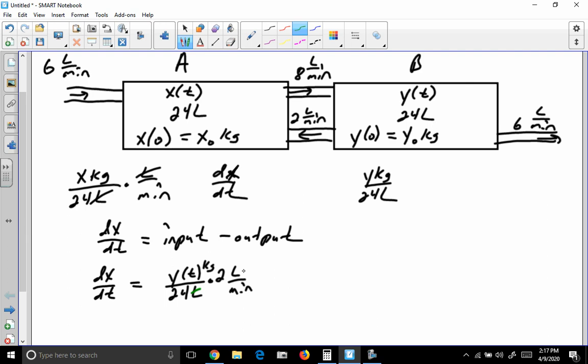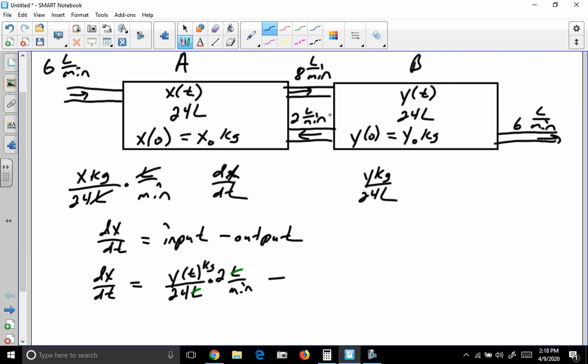So notice again, liters and liters cancel. So Y times 2 over 24 is kilograms per minute. That's the rate at which salt is coming into this tank. If we know the value of Y at a given time, we can find out how fast salt is coming into this tank. So that's the input.